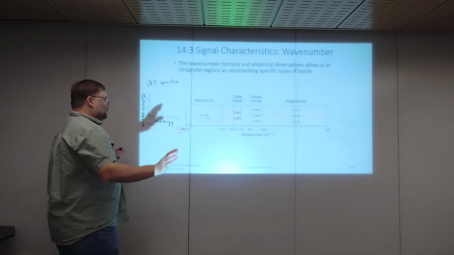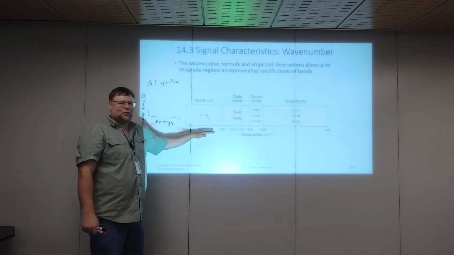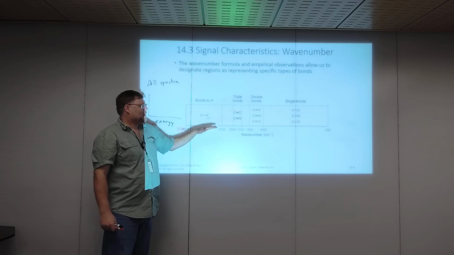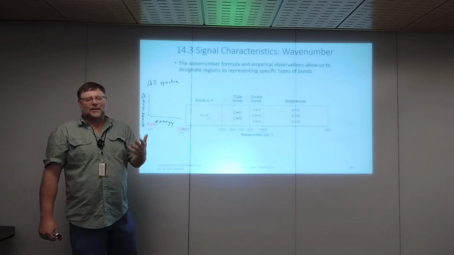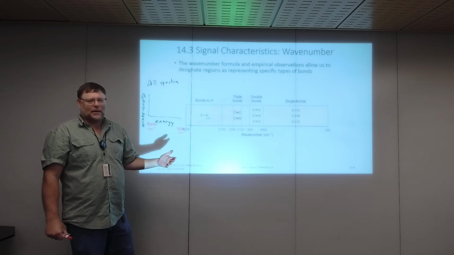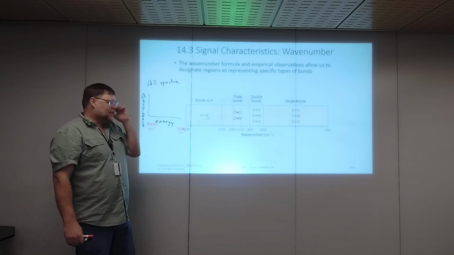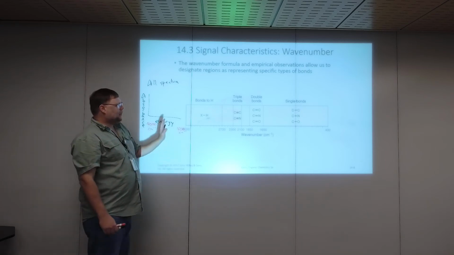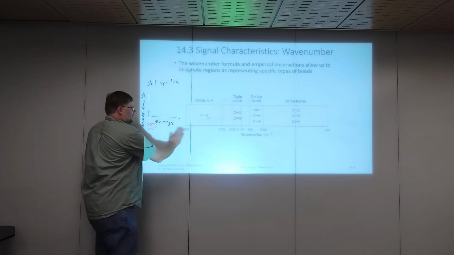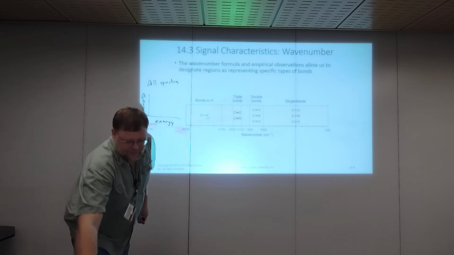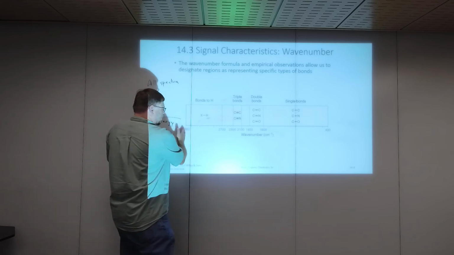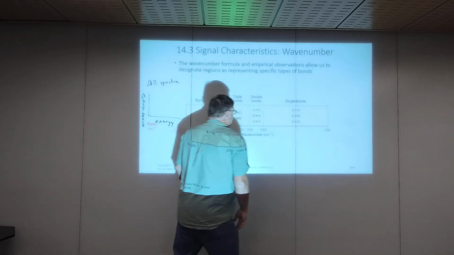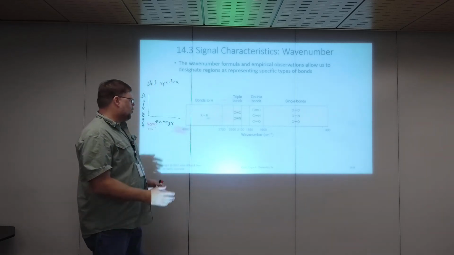So, really important. This is tremendously important. You want to have this more or less in your brain. Not now, not today, not at the beginning of lab on Monday, not even at the end of lab on Monday. But this is where you're headed. You want to be able to look at an infrared spectrum, again, 4,000 to 400 wave numbers, and sort of place what is where.